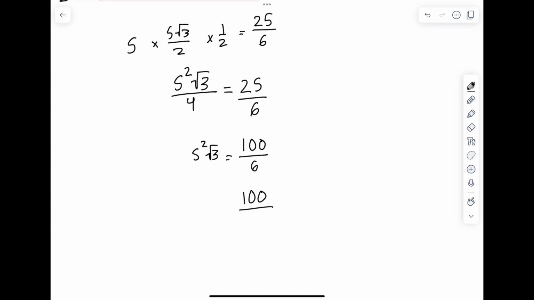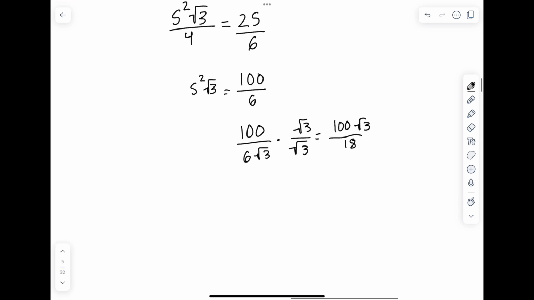And I can see that this is going to be a weird number, so I'm just going to bring everything over first and then see what to do. So I brought the root 3 over, but since I can't have a root on the denominator, because my calculator won't allow that, I'll have to rationalize. So you get 100 root 3 over 18 after rationalizing, and that's equal to S squared.